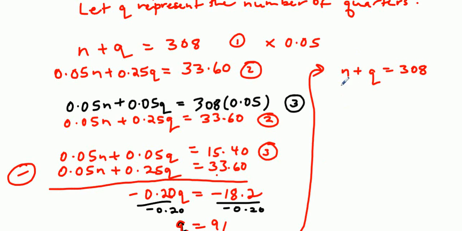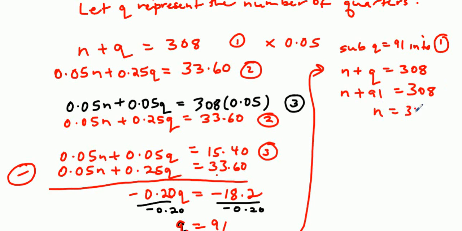My Q was 91, so N plus 91 equals 308, and I usually say substitute Q equals 91 into, and then I just say which one, right? Okay, so then back to here, N equals 308 minus 91, so I must have how many nickels?